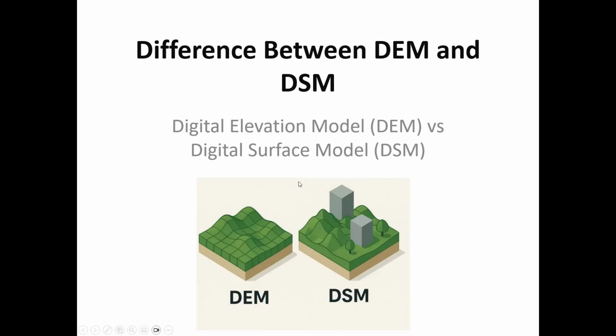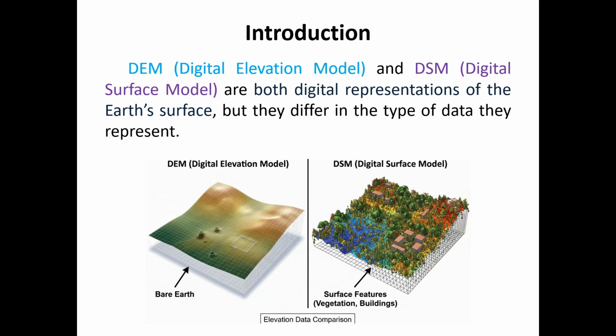Now let us see the difference between the DEM and DSM data. The DEM and DSM are both digital representations of the Earth's surface, but they differ in the type of data they represent. DEM data represents the bare Earth, whereas the DSM, that is digital surface model, represents the surface features like vegetation and buildings.